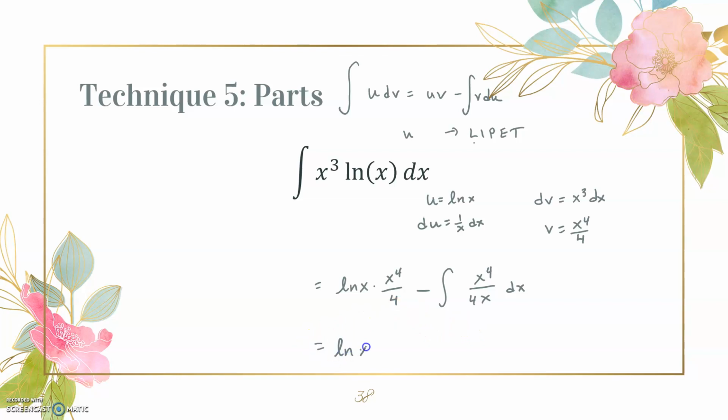So the idea with integration by parts is you're trying to turn it into something that you can do an antiderivative of. So this would be x to the 4th, so that becomes x to the 5th over 5. You know you have an integration by parts problem if you have multiplication in your integrand.